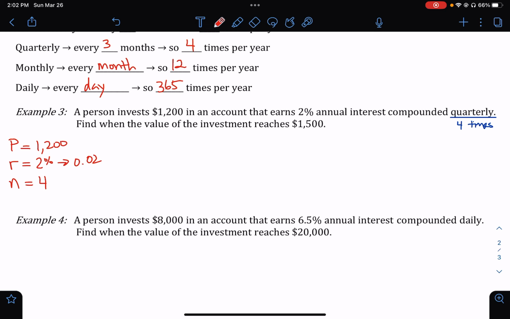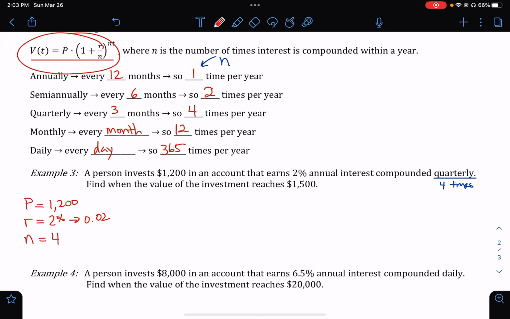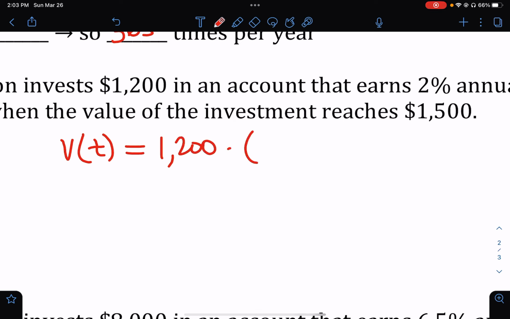So as we put this into our equation from up above, V of t equals p times 1 plus r over n to the power of n times t, we get V of t equals our principal, 1,200, times 1 plus my r, which was 0.02, over my n, which was 4, to the power of 4 times t.